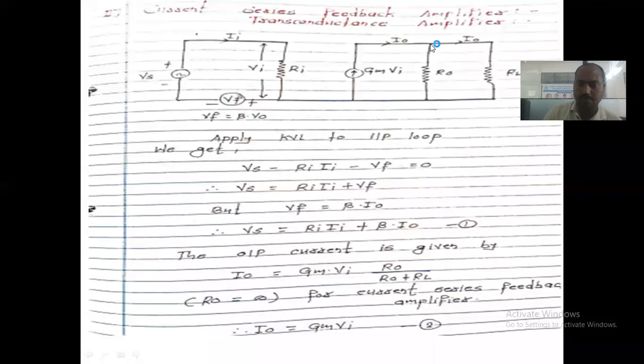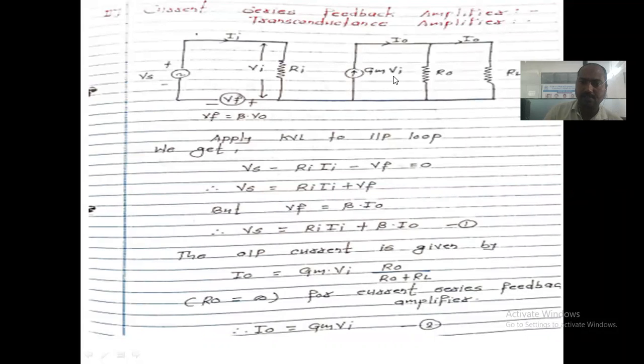Here in this loop, the output, we apply the voltage divider rule here, so what will it be? The resistance R0 divided by both the output resistance and the load resistance, that is R0 divided by R0 plus RL into the applied voltage Gm into Vi. What is Gm? Because it is a transconductance amplifier. So in case of a transconductance amplifier, it is Gm, right?